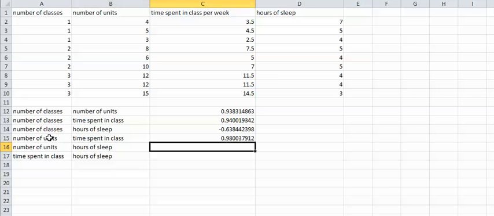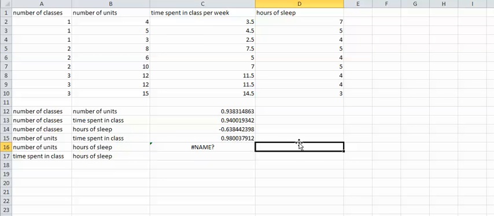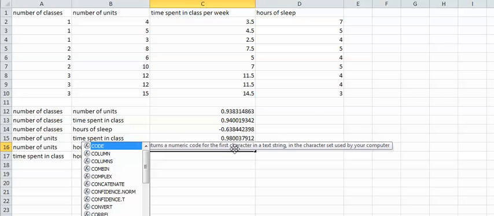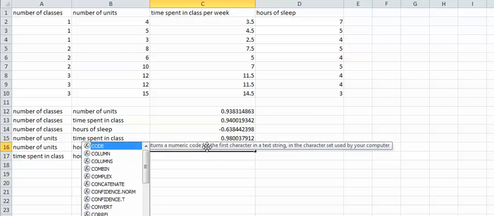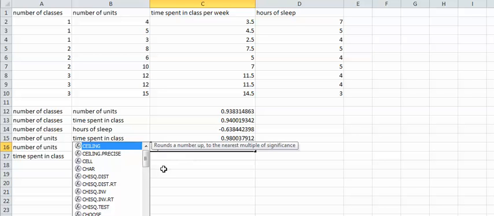Units and sleep, this should also be negative because in our data we're noticing how students who are taking more units are getting less sleep down here. Let's see what it comes out to. So it doesn't like what I'm doing for some reason.